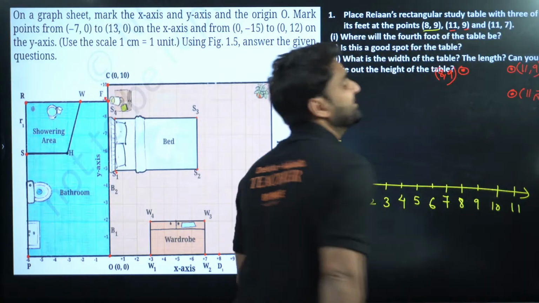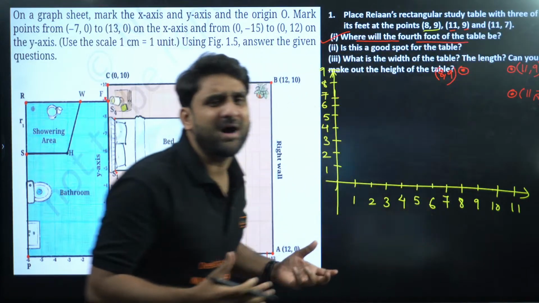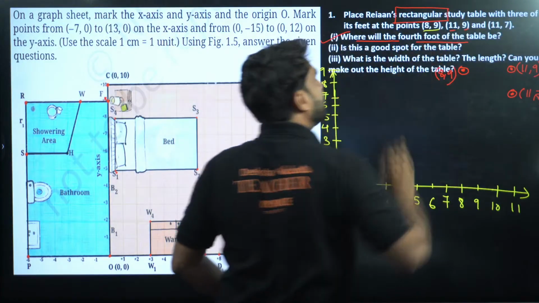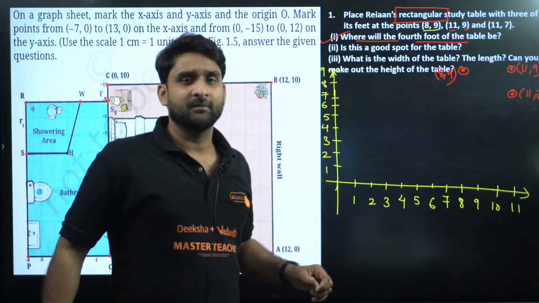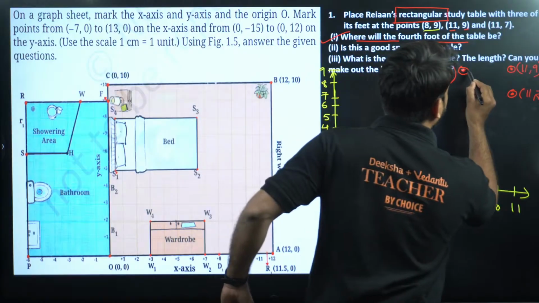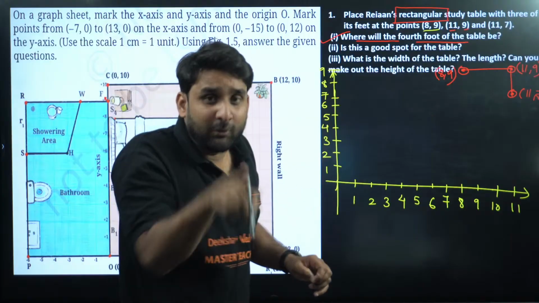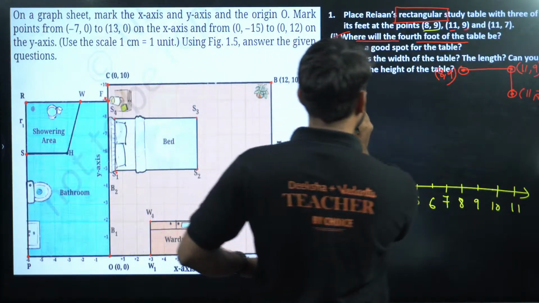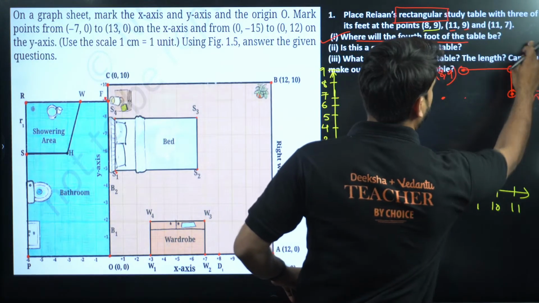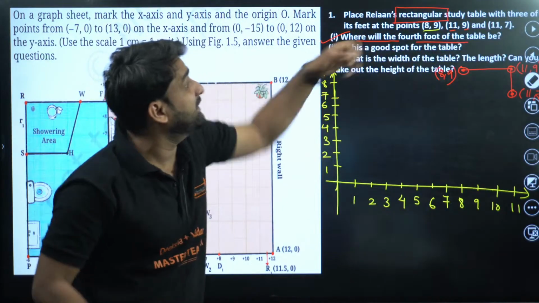Now the question is asking, where will the fourth foot be? Fourth foot. If the table is rectangular, come on, join it. If you join these points, you have to make the diagram a closed figure, a rectangle. So the point needs to come here, because we want to make it a rectangle, and that information is already given in the question: the table is rectangular in shape.